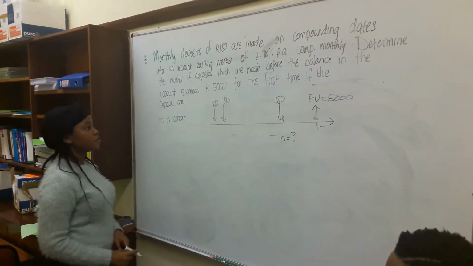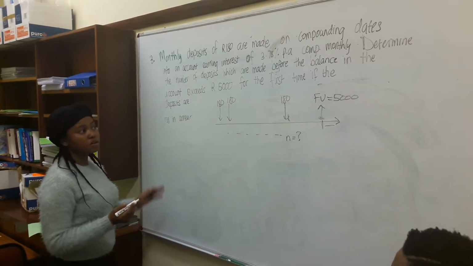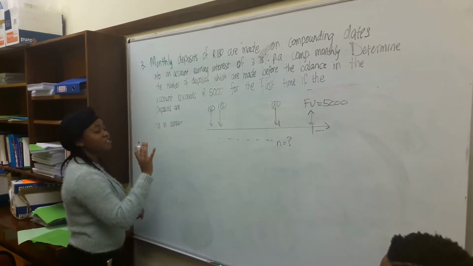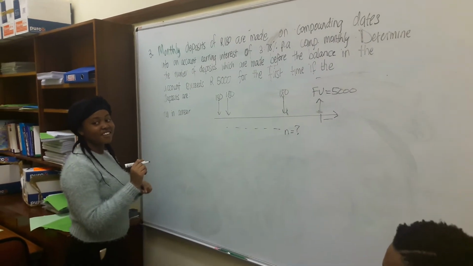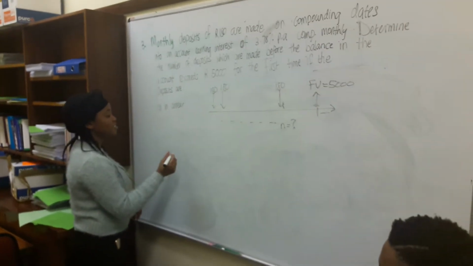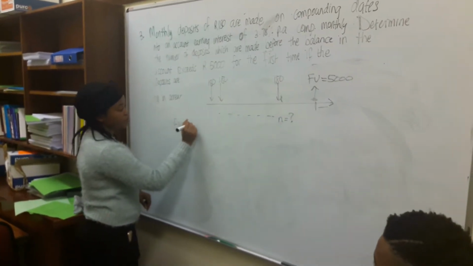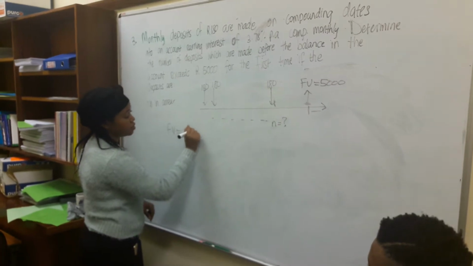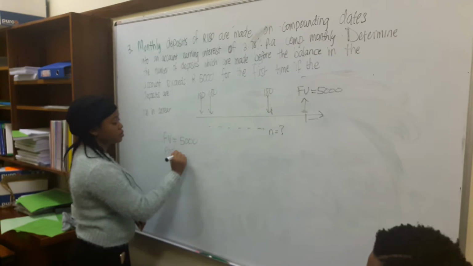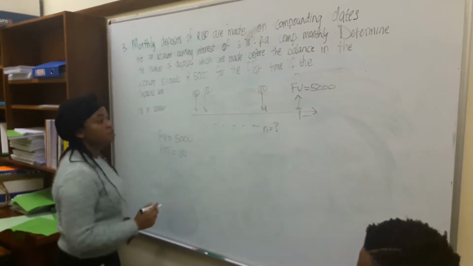Firstly we're gonna write down all our known variables in this question. We know FV is equal to 5,000 rands, and the payment is equal to 180 rands.